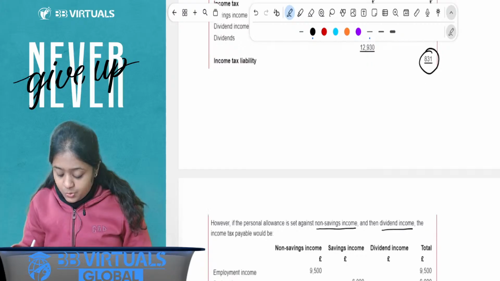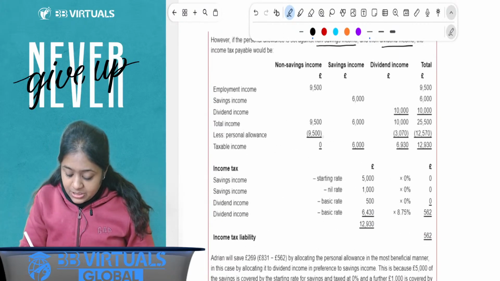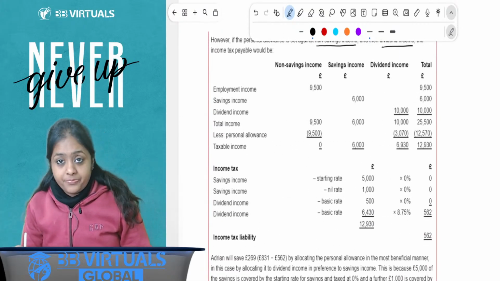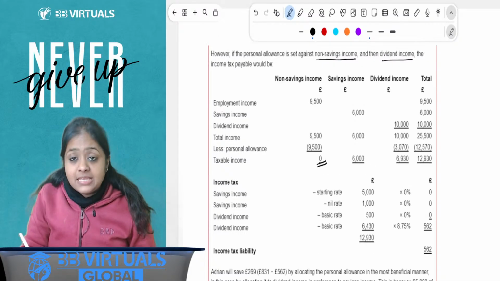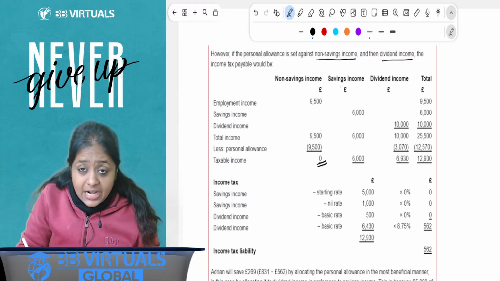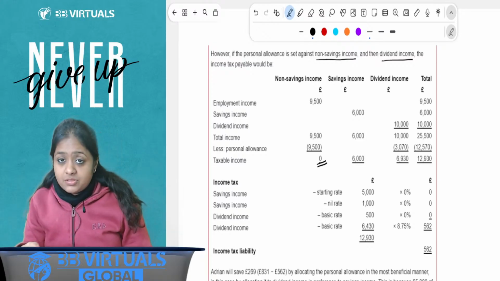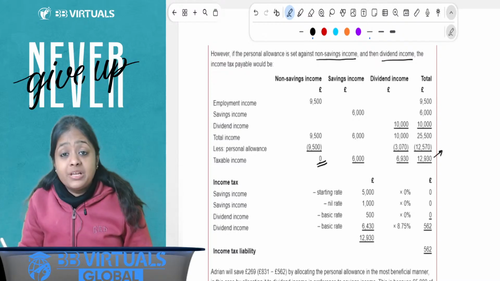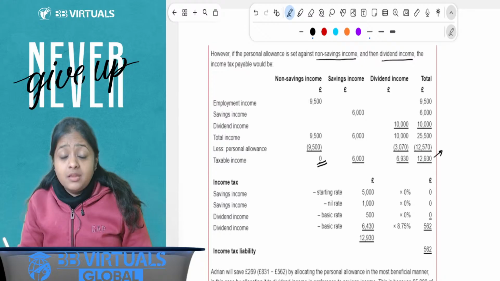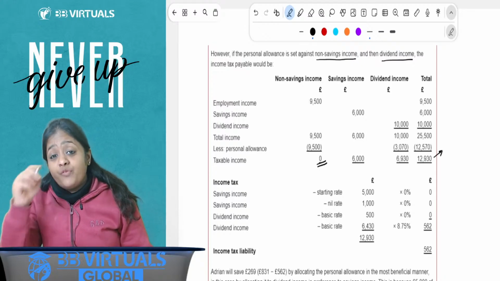Now let's see the situation here. If I adjust against NSI, now look here. My NSI is 0. That means savings income will get starting nil rate band of full 5,000. And just see the category of the taxpayer. Since the category of the taxpayer is within the basic rate band, the taxpayer will also get 1,000.